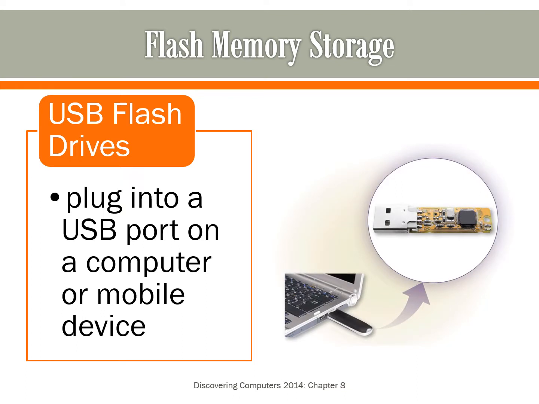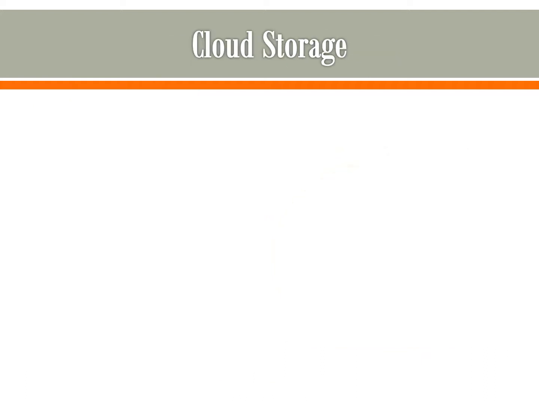Next we look at USB flash drive. Remember, this is also referred to as thumb drive, pen drive. And now we can have larger storage in our USB flash drive.